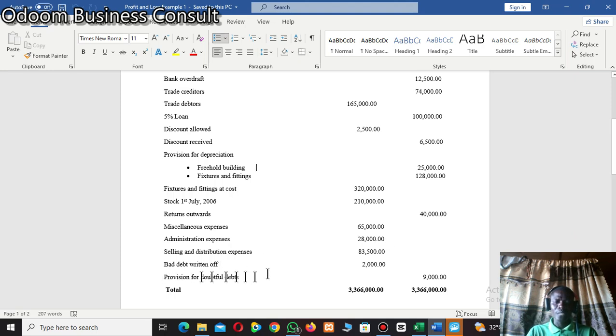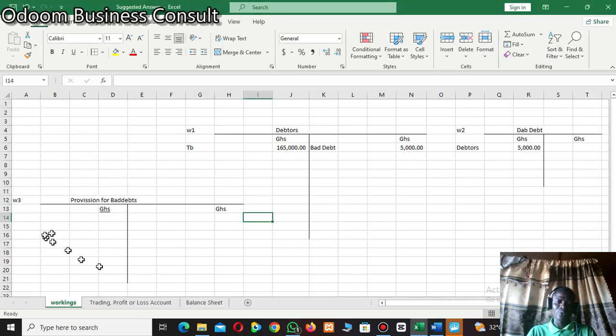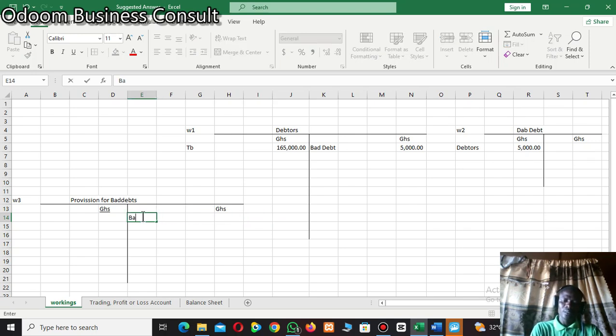In the previous accounting year, this is the total amount that we provided for, so it has been catered for in the previous accounting year. Because this balance is on the credit side, you transfer it to the credit side of the provision for doubtful debt account. So here, the balance brought forward.